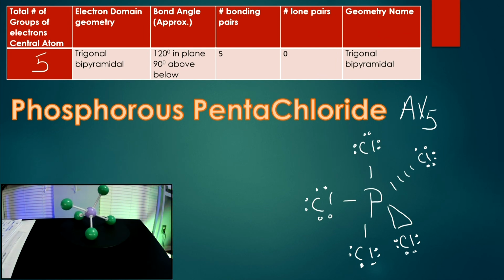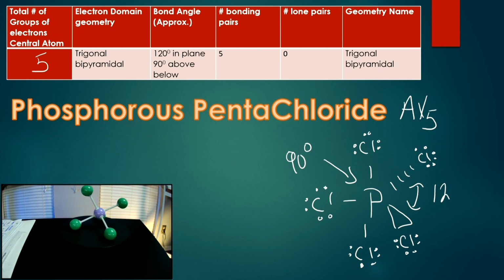In terms of our bond angles, which one is going to be 90 and which one is going to be 120? Here is 90 degrees, and between these two will be 120 degrees. So that is a molecule of phosphorus pentachloride. Its geometry name is trigonal bipyramidal, with 5 bonding pairs surrounding the central atom.